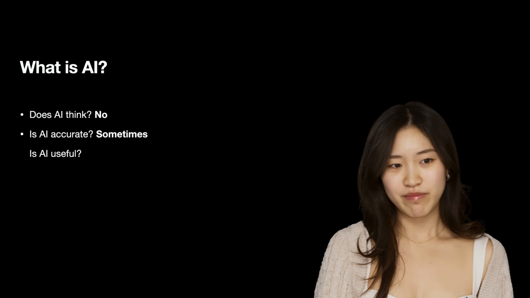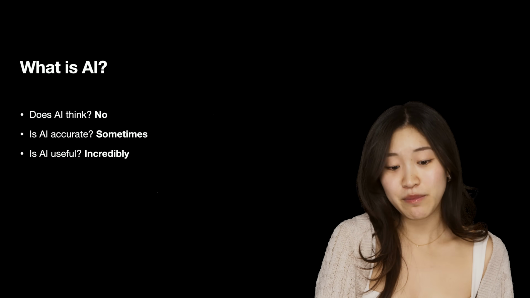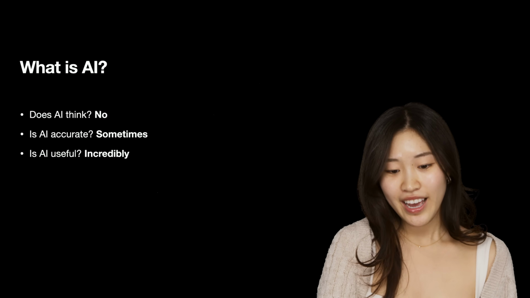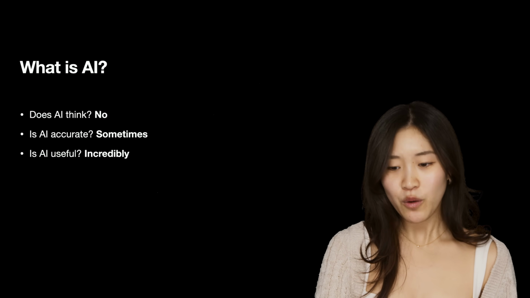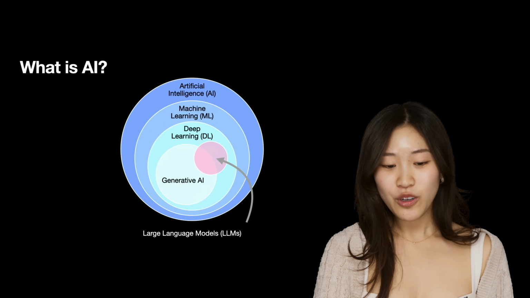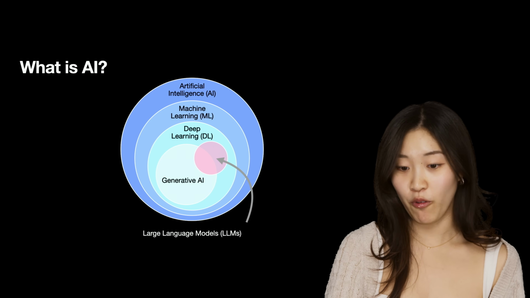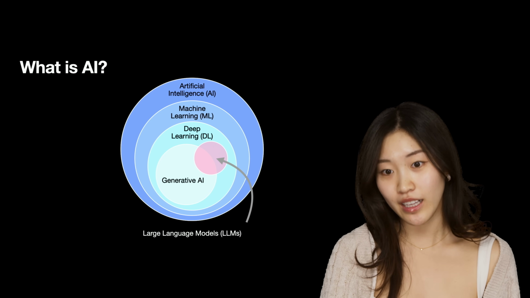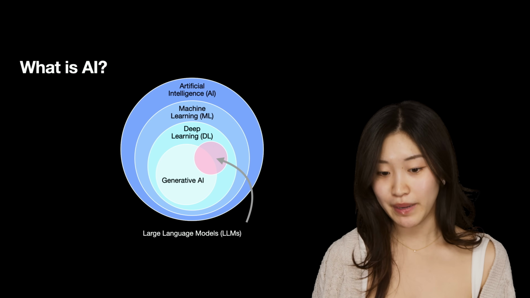So at that point, is AI even useful? And yes, AI can be so incredibly useful, and it's extremely important to know how to masterfully use AI. But the question still remains, what is AI? At its core, AI, or artificial intelligence, is the ability of machines to perform tasks that typically require human intelligence, whether that be learning, problem solving, or decision making.